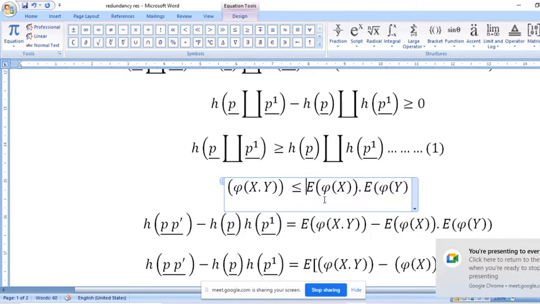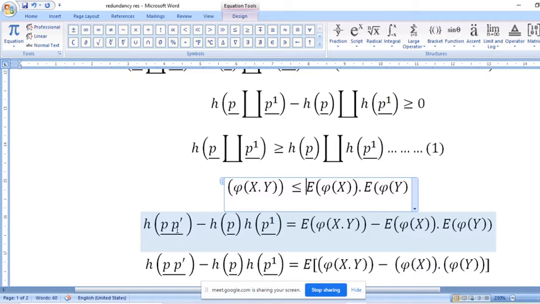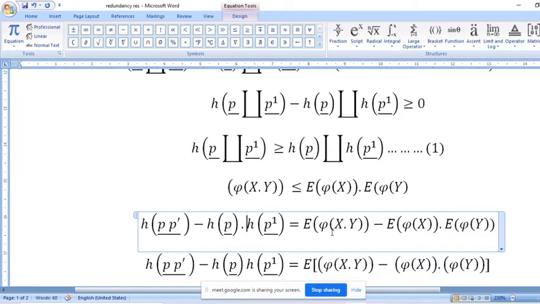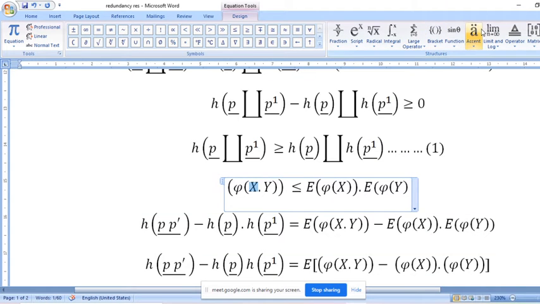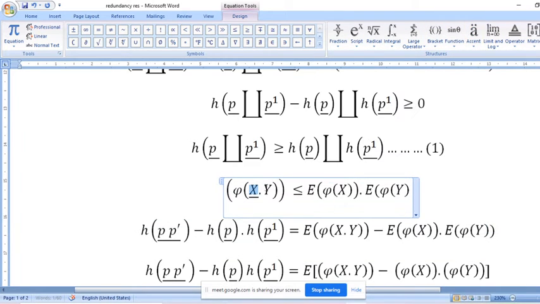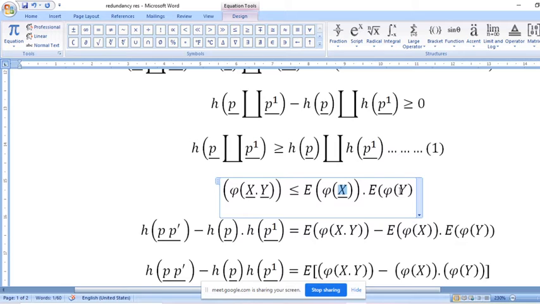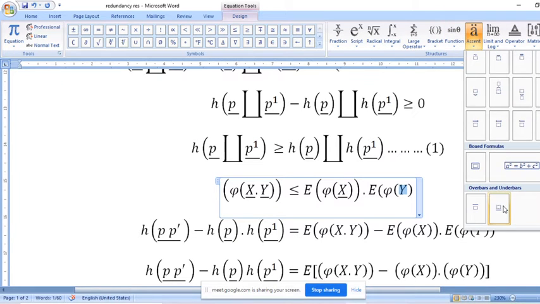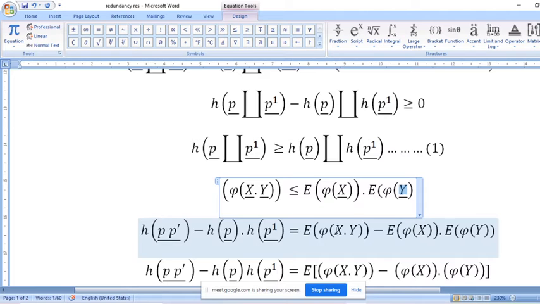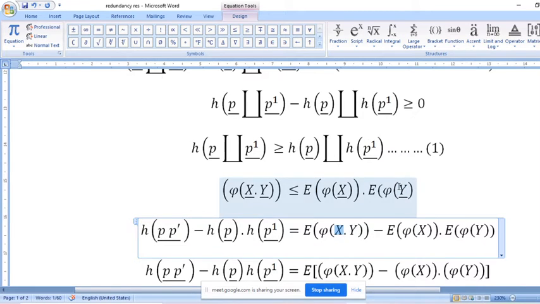So we can use the computation of our theorem. So h of p into p dash minus h of p into h of p dash equal to expectation of phi of xy. This is a vector. So we can substitute this.